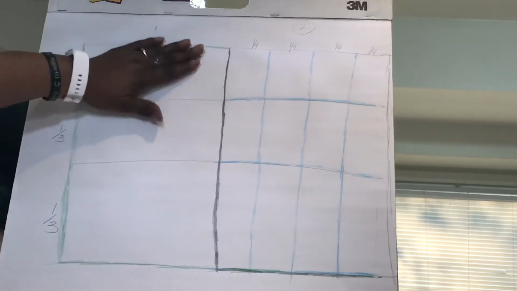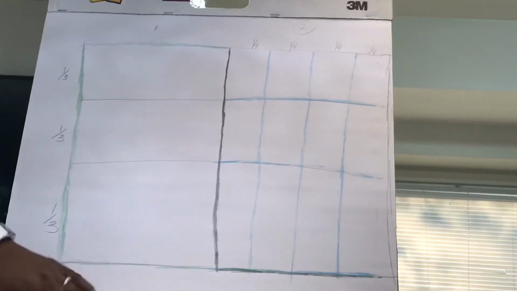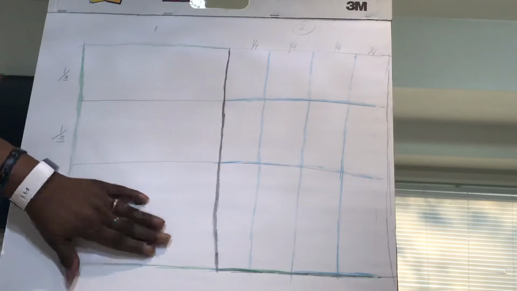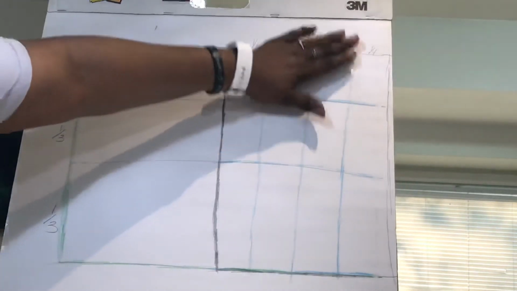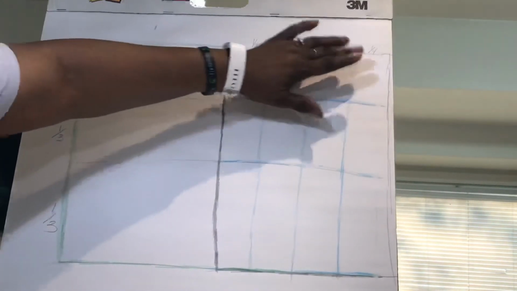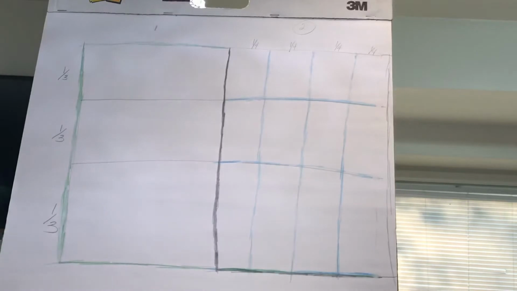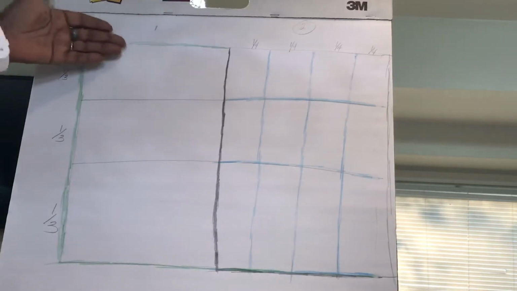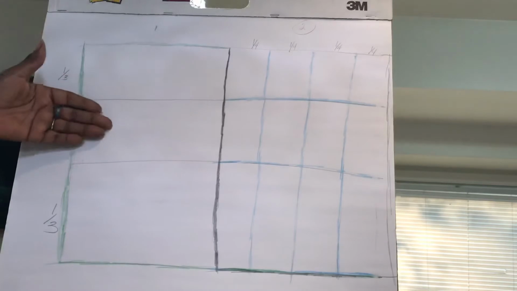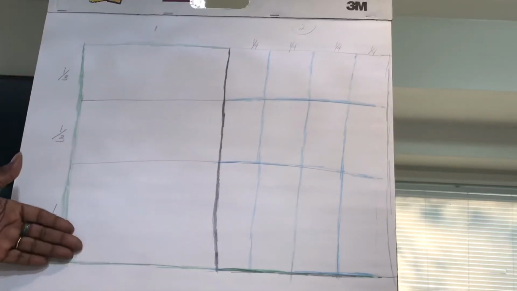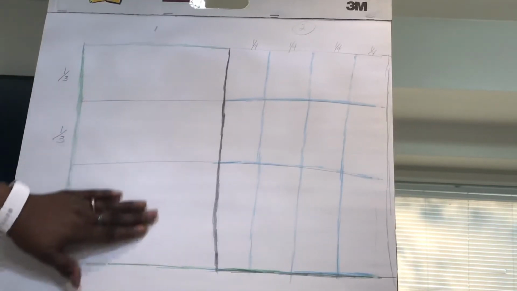So I'm going to do 1 whole, then the second whole I'm going to divide into fourths. First I'm going to take my 1 whole and divide it into thirds. So this is 1/3, 2/3, 3/3, which makes up my 1 whole.